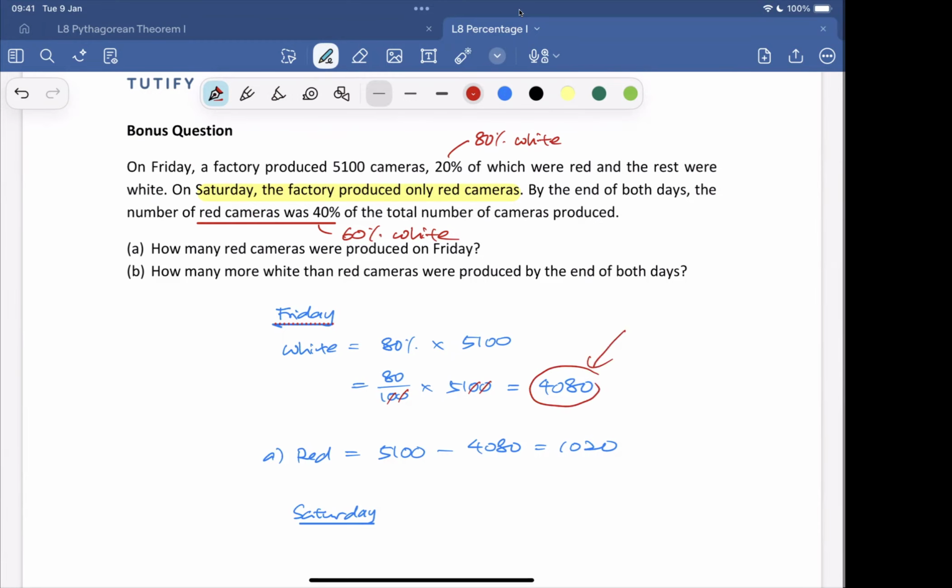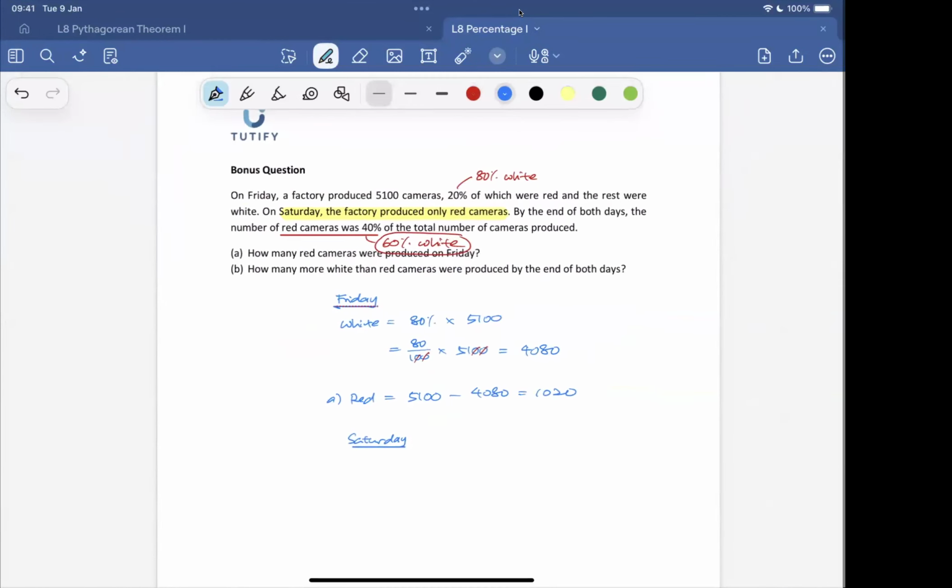On Saturday, did you produce white cameras? No, no. So let me ask you the question. After Saturday, how many white cameras do you have? Correct, 4,080. Because you did not produce any extra, you still have the same number, correct? And the question says how many percent are white? 60%. Very good. Thank you, Ying Ying.